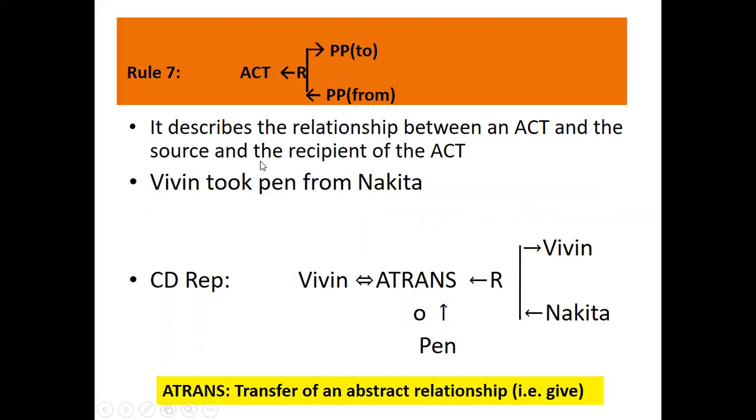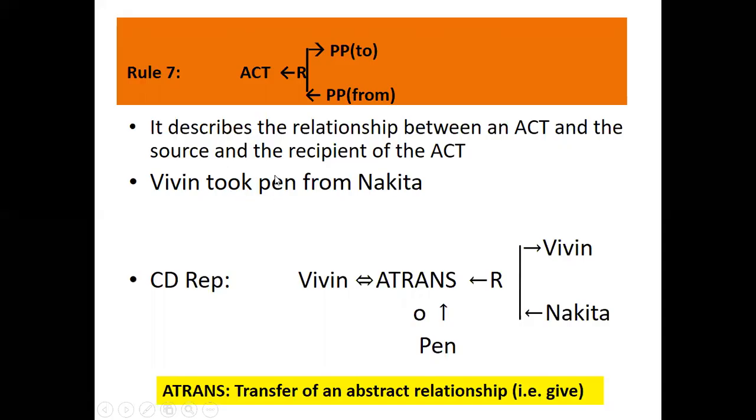Rule 7 describes the relationship between an act and the source and the recipient of the act. Now, a simple example: Vivin took a pen from Nakita. Now who are the picture producers here? Vivin and Nakita are the picture producers. What was the act carried out? Taking. And on what was the act carried out?